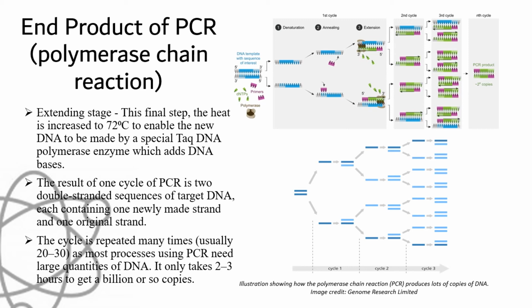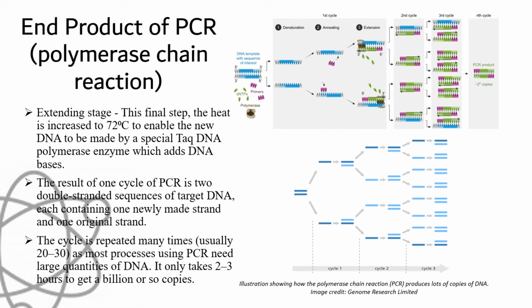The cycle is repeated many times, usually 20 to 30 times, as most processes using PCR need large quantities of DNA. It only takes 2 to 3 hours to get a billion or so copies.